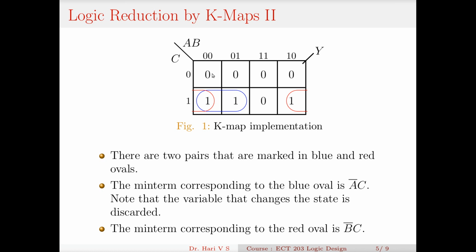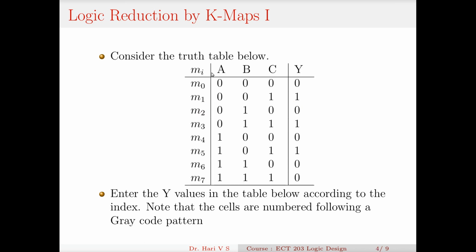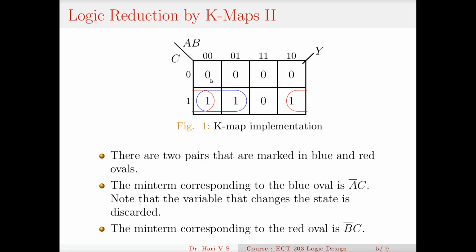The entry that comes into this cell is M0, that is 0,0,0. Now M1 comes here, M2 comes here, M3 comes here, but M4 comes here because this is 1,0,0. Why that change? Because of the Gray code pattern we followed.